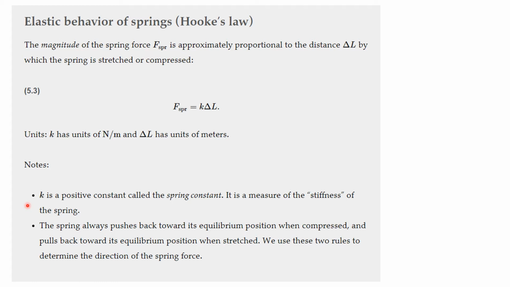It is a measure of the stiffness of the spring. The spring always pushes back to the equilibrium position when compressed, and pulls back to the equilibrium position when stretched. We use these two rules to determine the direction of the spring force. So this is the equation you want to know and use.